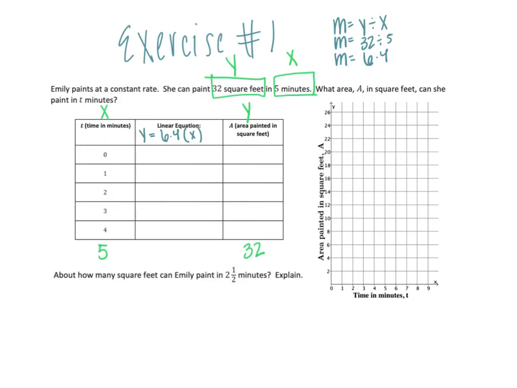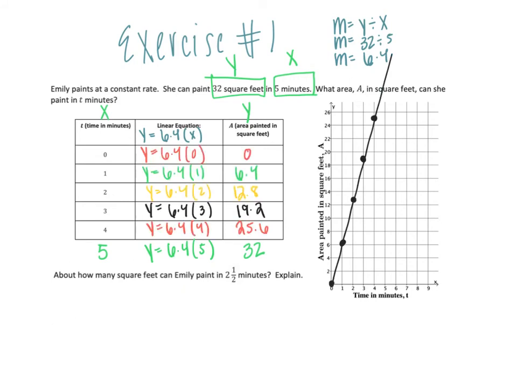Okay? I'm going to let you use that to fill out this table, and then I want you to go ahead and graph it. I'll give you a couple minutes to do this before we go over the question part.